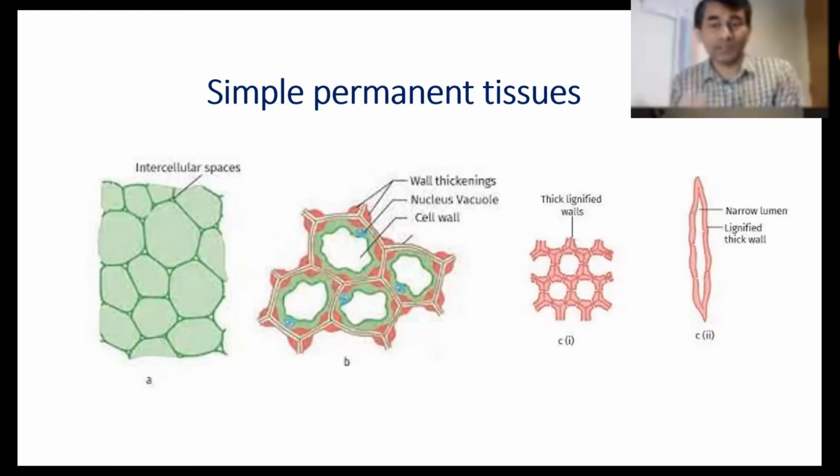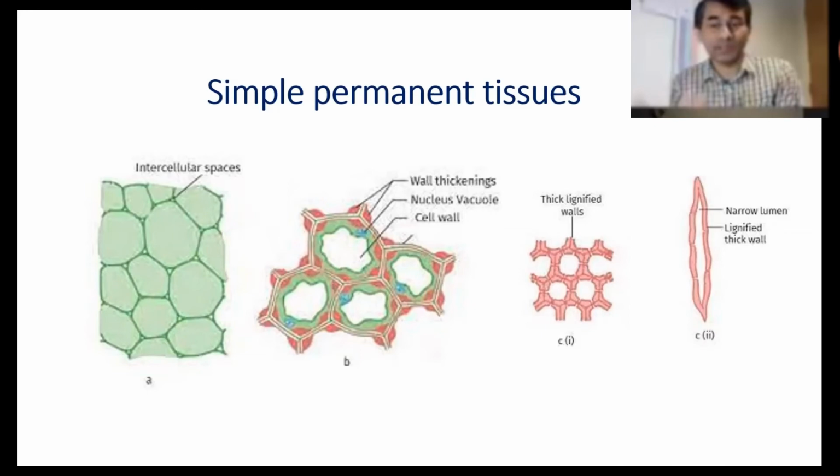Now, the second tissue type, which is shown in diagram B, is collenchyma, right? So it again is a very important tissue here in the stem. It is there in most of the plants. They are greatly different from parenchymal cells. The cells have got thick walls, especially thick corners. Can you see them?